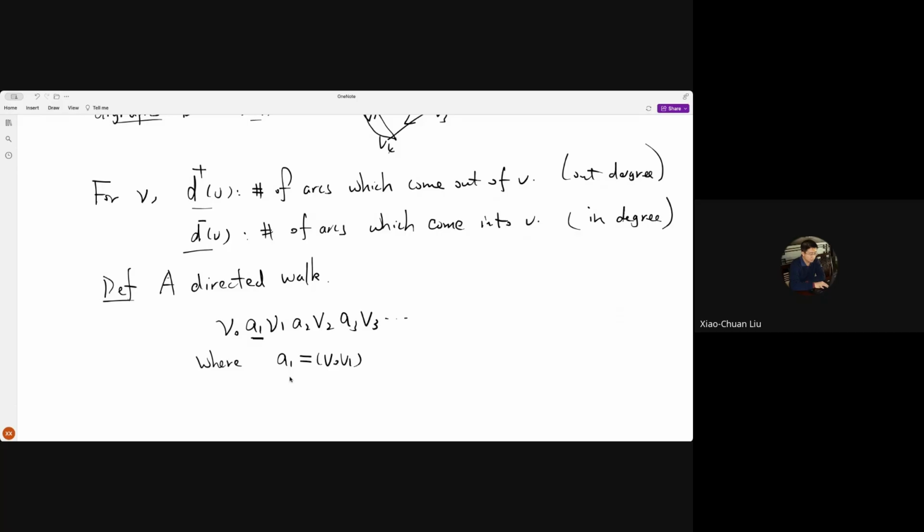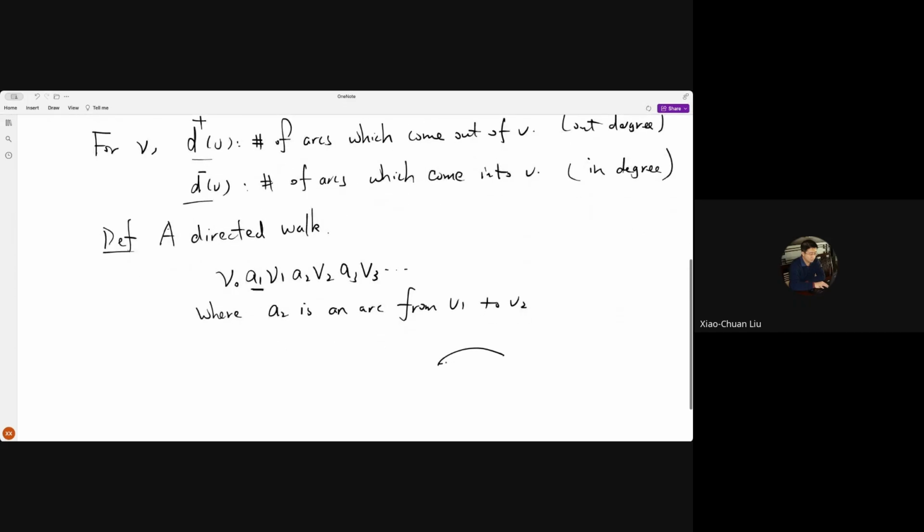If you are working with a multi-graph, you don't want to write equality. So A2 here is an arc from V1 to V2, because it's possible that from V1 to V2 we have several arcs.